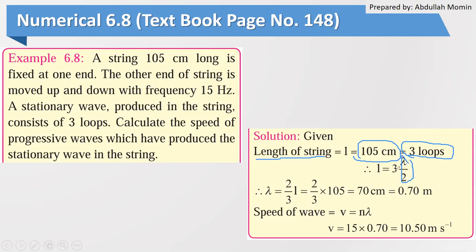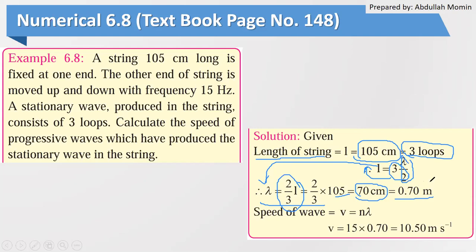So if it is 3 loops, L is equal to 3 lambda by 2, so we solve for the wavelength: lambda is equal to 2L by 3. And L is 105. So when you solve this, you will get 70 centimeter, that means 0.7 meter. So lambda is 0.7 meter.